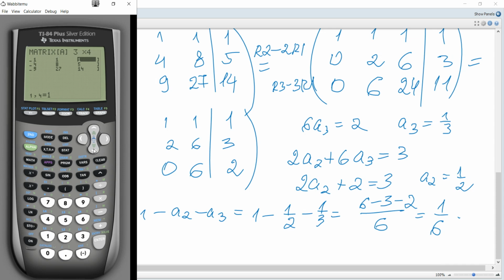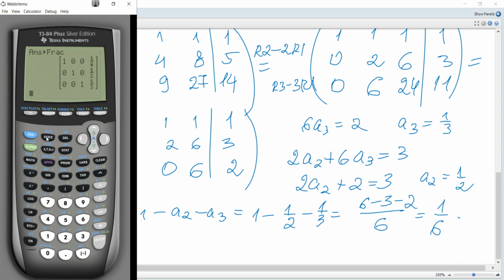So the first row becomes 1, 1, 1, 1. The second row is 2, 4, 8, 5, and the third row is 3, 9, 27, and 14.